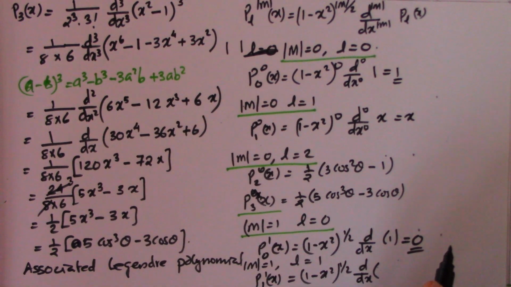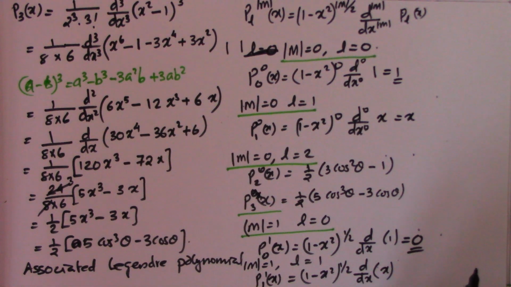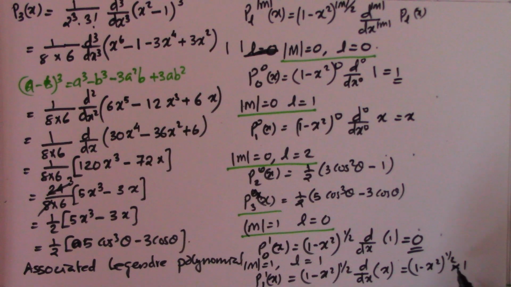What is P_1(x)? P_1(x) is equal to x, and therefore that is equal to 1 minus x square raised to 1 by 2. D by dx of x, that is dx by dx, is equal to 1, into 1. So that is 1 minus x square raised to 1 by 2.